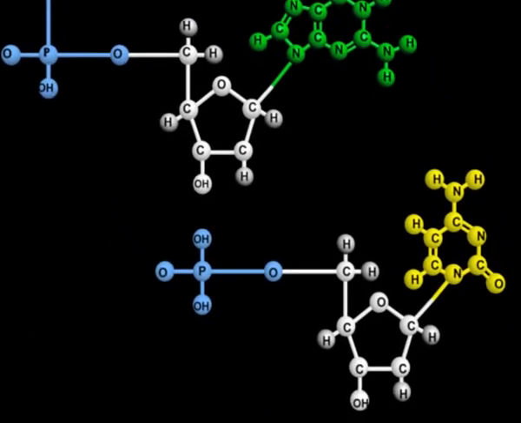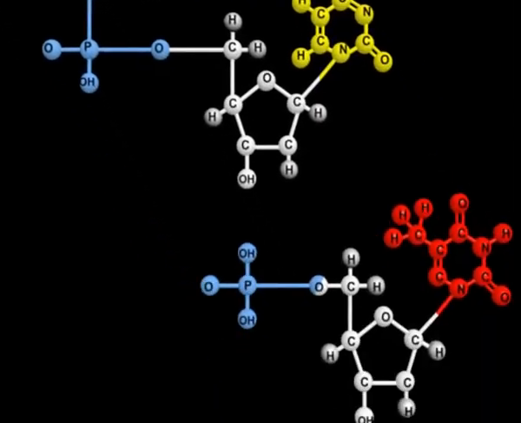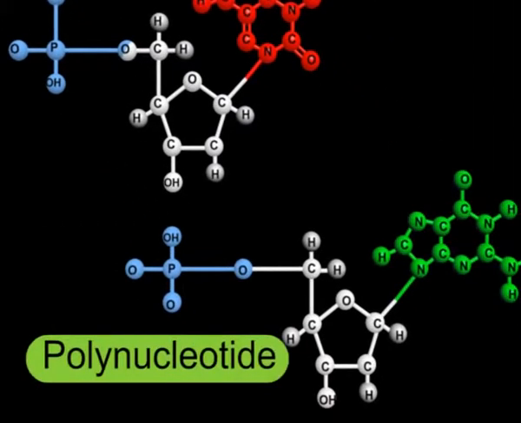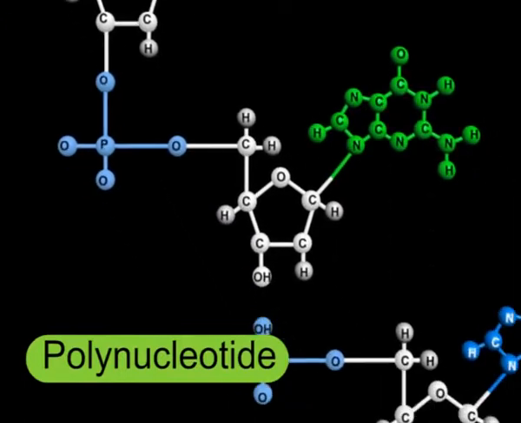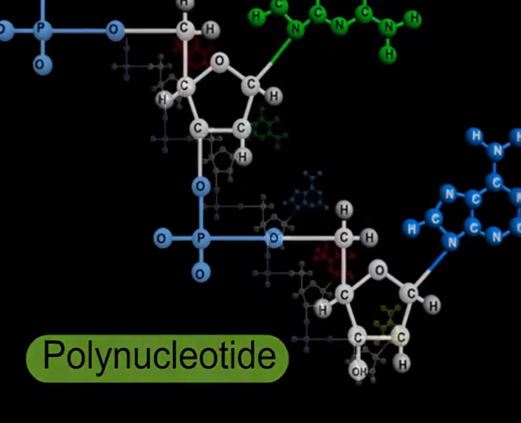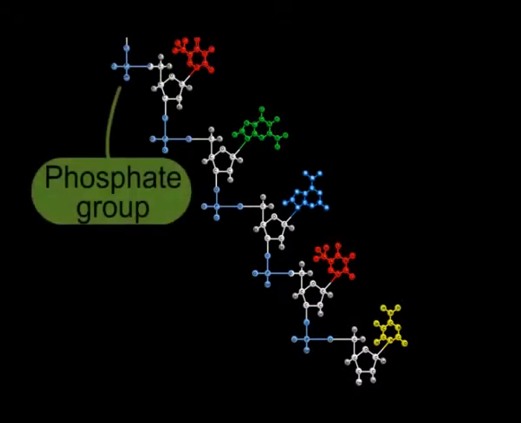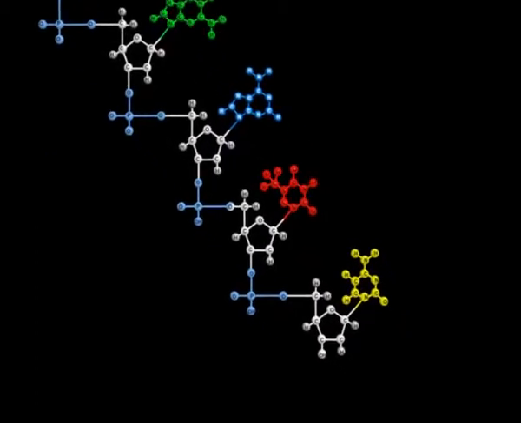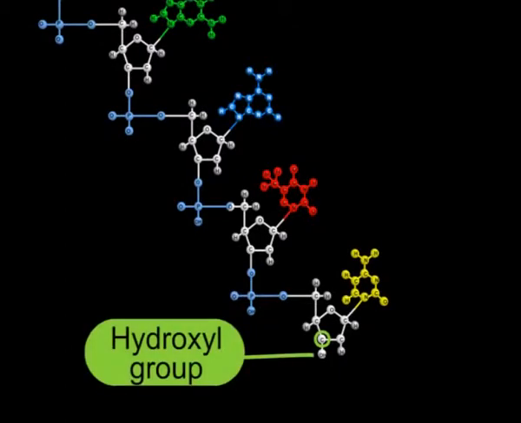Similarly, more nucleotides are added and thus a polynucleotide chain is formed. This chain has a free phosphate group at the 5th prime carbon of the first nucleotide, which is referred to as the 5' end, while the other end has a 3rd prime hydroxyl group of the last nucleotide added.